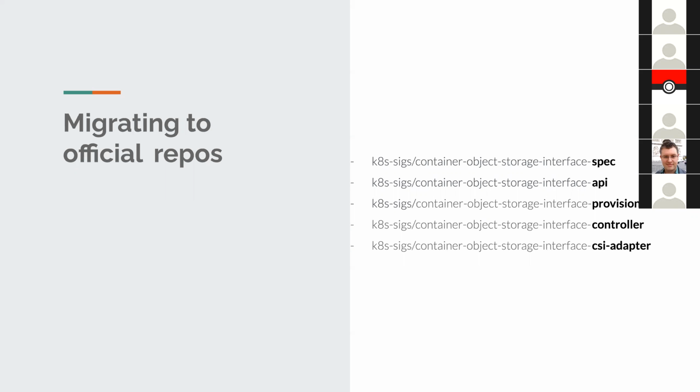So for those who are looking to go through the code or would like to subscribe to updates in terms of the coding progress, these are the repo names. They all fall under the Kubernetes-SIGs GitHub organization.